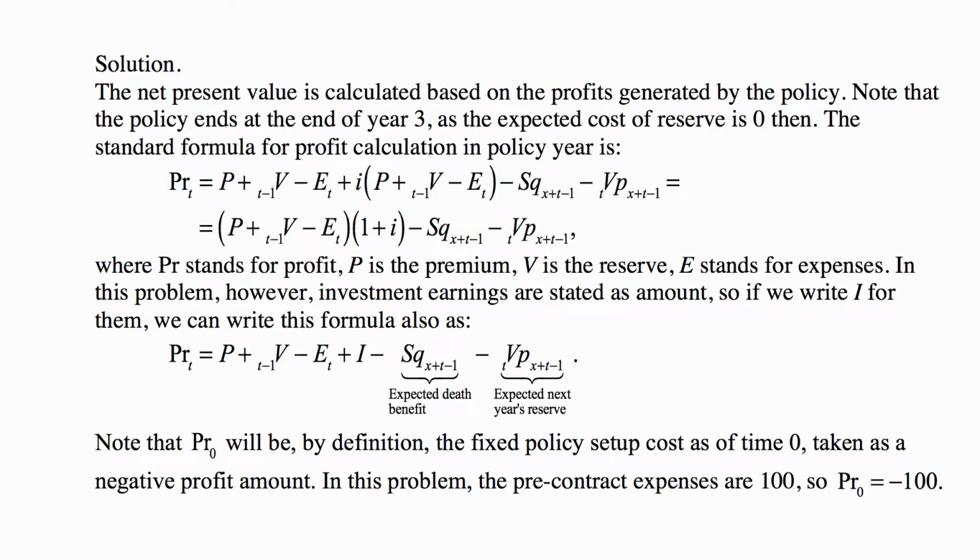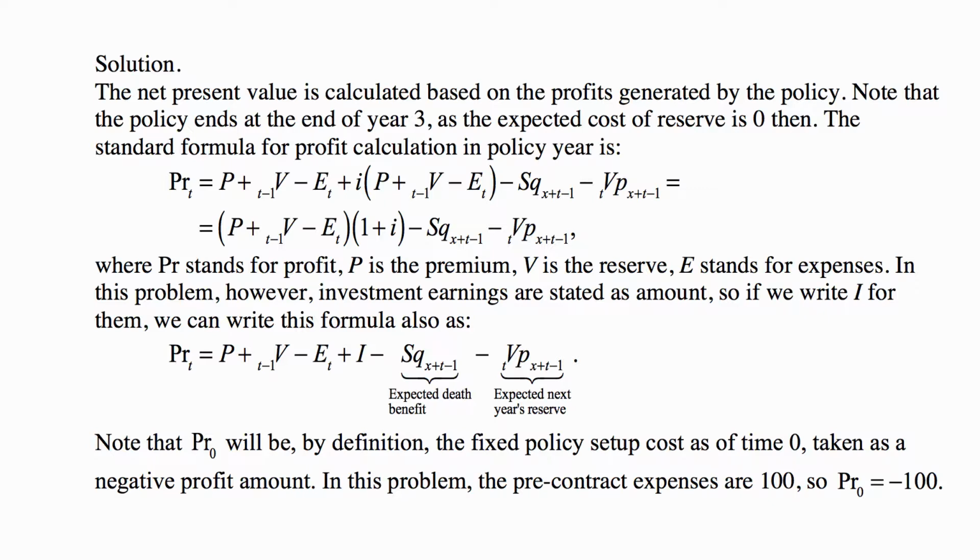In this problem, however, investment earnings are stated as an amount, not an interest rate. So if we write I for them, we can write this formula also as premium plus initial reserve, minus expenses paid at the beginning of the year, plus investment income minus expected death benefit minus expected next year's reserve.